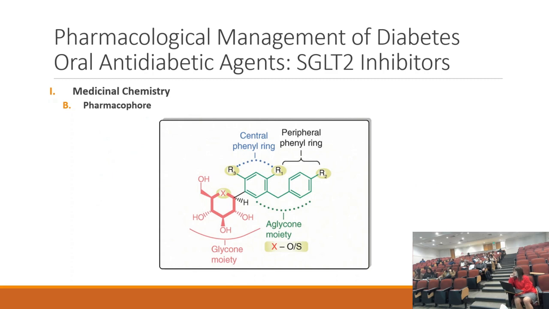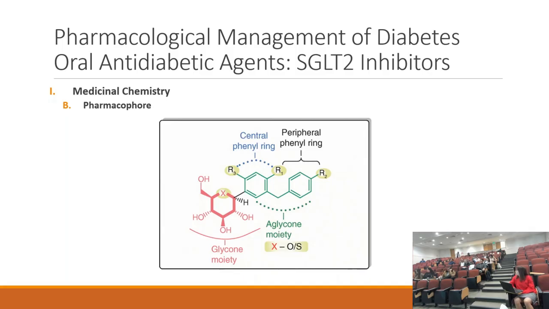Another thing to keep in mind here, you can see that there are a number of substitutions over here on the aglycone moiety, R1, R2, and R3. These substitutions, depending on what you put in place there, will affect the potency of the drug molecule and the selectivity of the drug molecule.